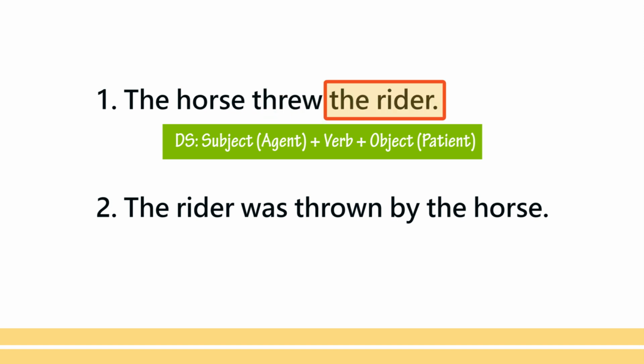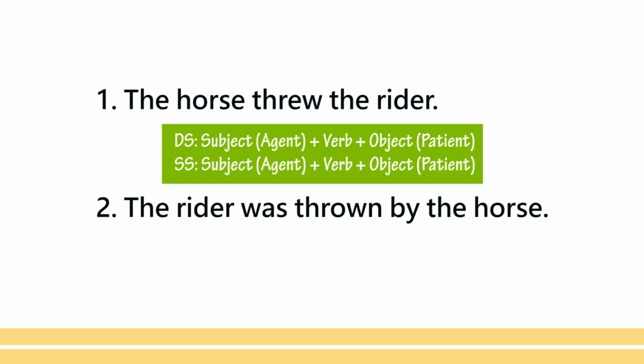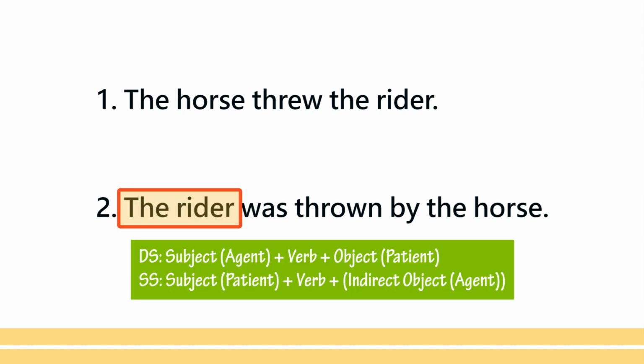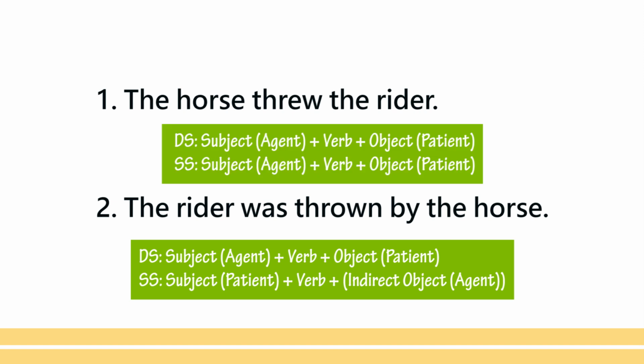If you have the same thing in surface structure, you have an active sentence. If you do not have that, if you have the patient as subject, it means you have changed the deep structure on the surface. That is another way of defining passive versus active.